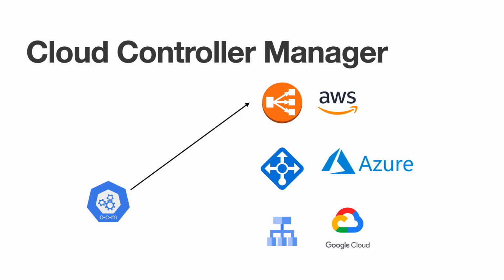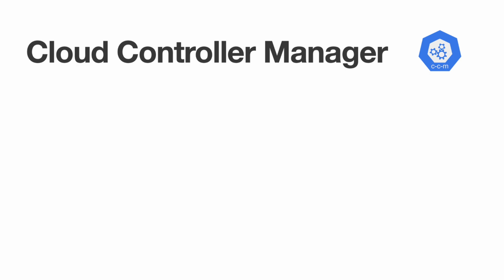If you're running within Azure, then it creates the equivalent, but using the Azure Cloud API. The same for Google Cloud. So you see that the Cloud Controller Manager is responsible for interacting with the underlying cloud API provider. You've seen how it does it for load balancers, but it's the same with storage or instances.